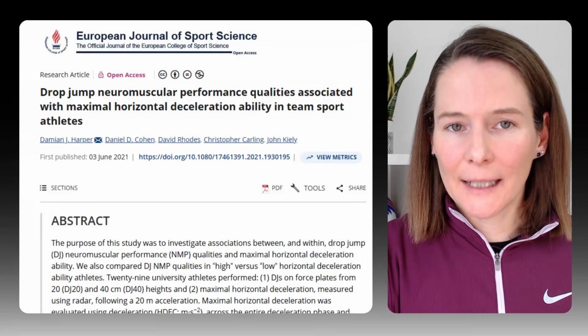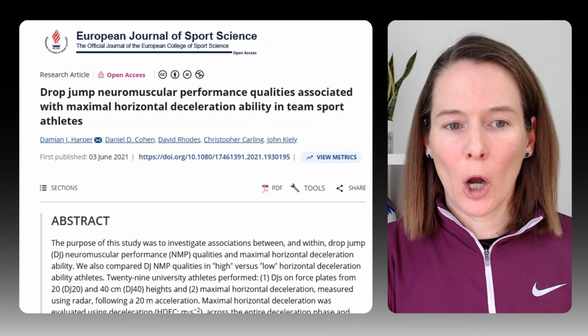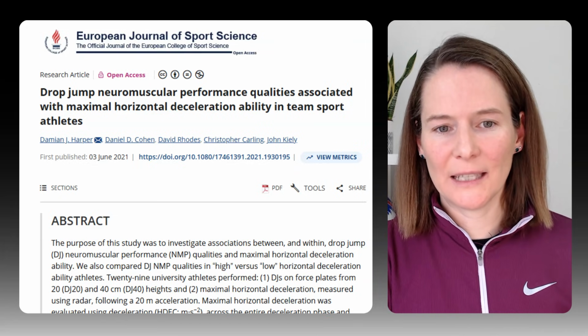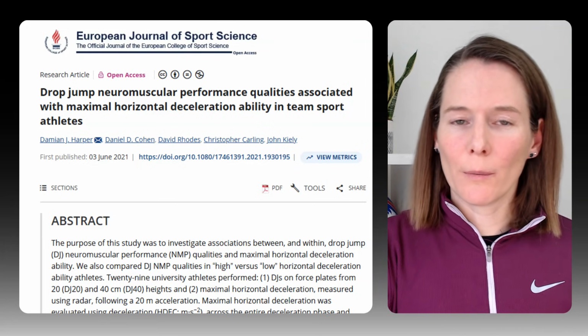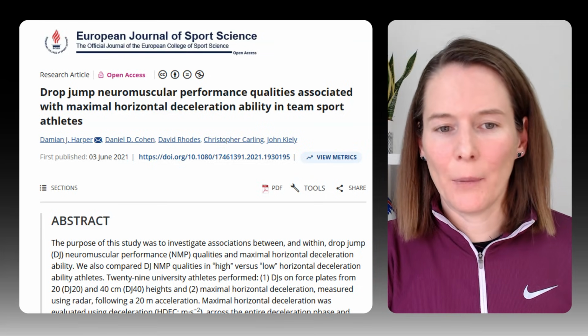And essentially with a deceleration, that's a similar demand in terms of this absorption of force and then a change of direction. And this relationship was explored in more detail in this study, again led by Damien Harper, in which he looked at the association across 29 different university athletes in both their drop jump ability along with their horizontal deceleration ability.